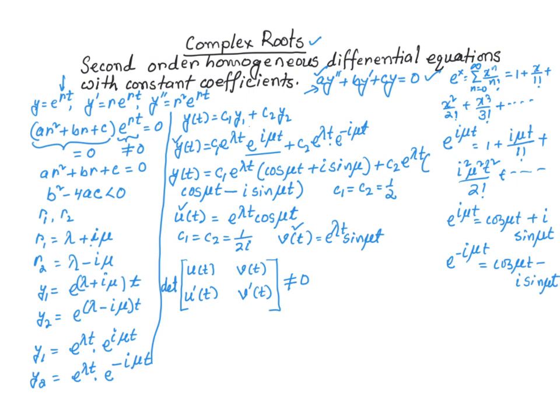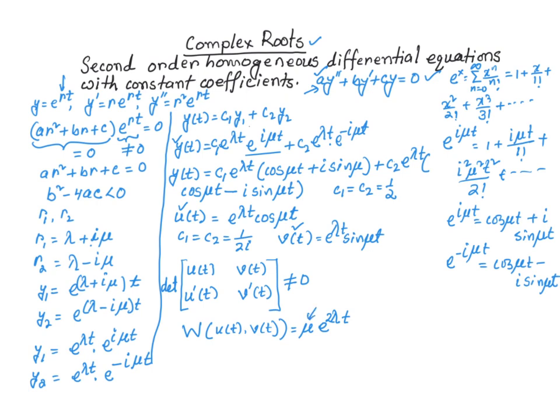As a matter of fact, W of U of t, V of t is going to be equal to mu times e to the power 2 lambda t.